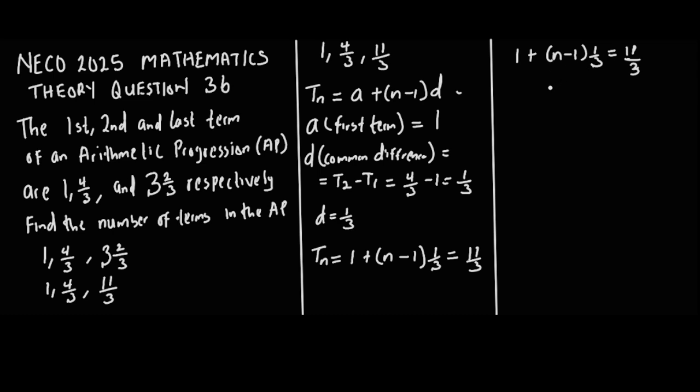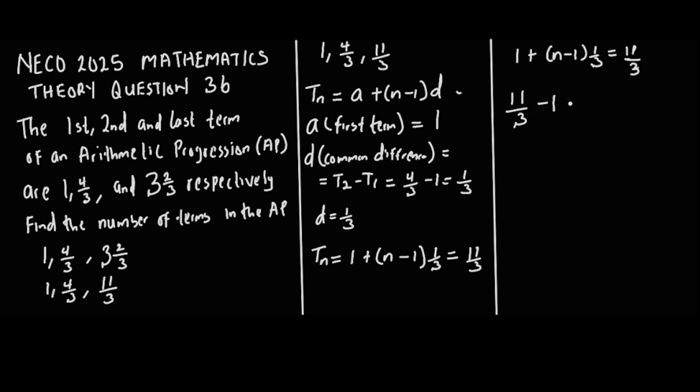So let's quickly solve that. We can have 1 plus n minus 1 bracket 1 over 3 equals 11 over 3.